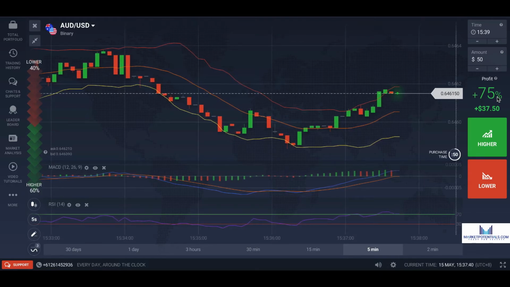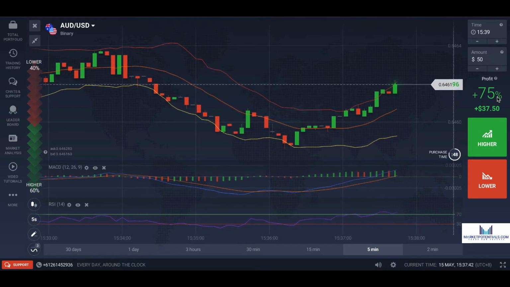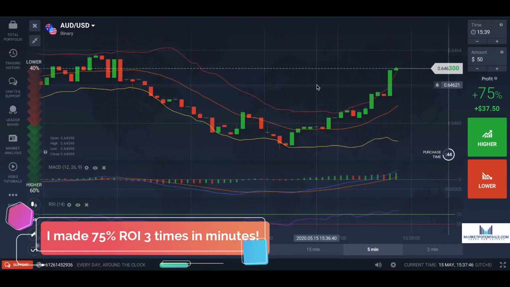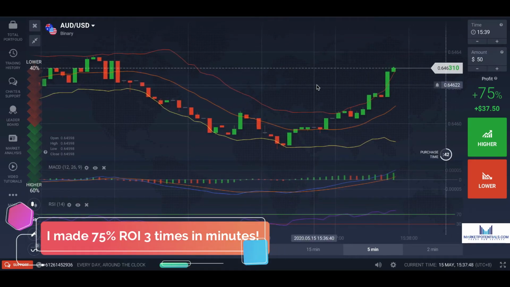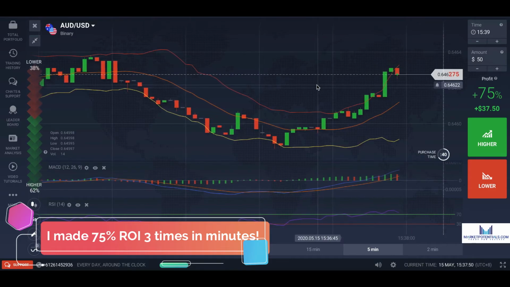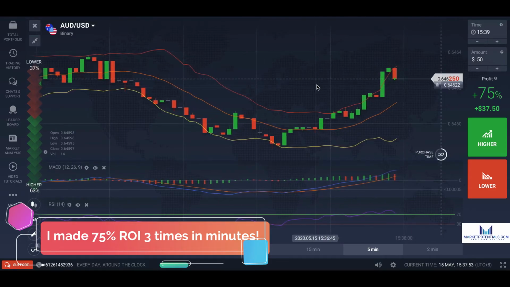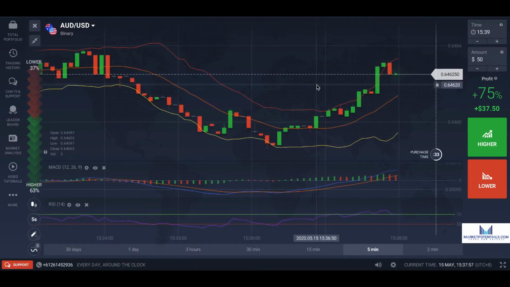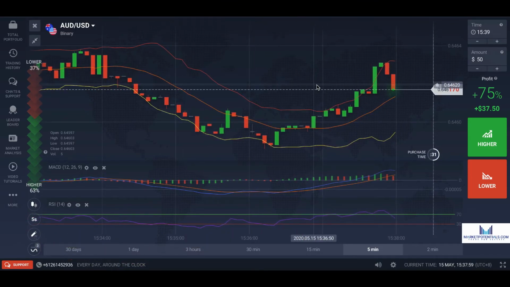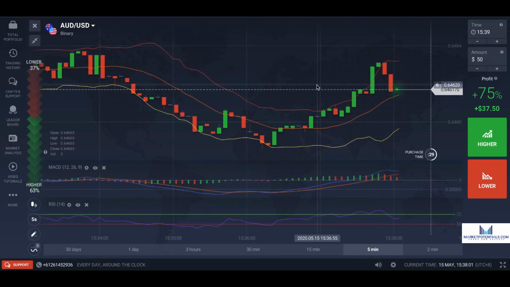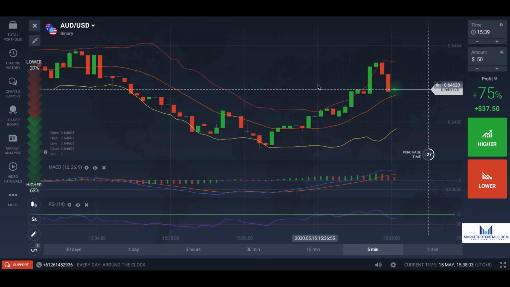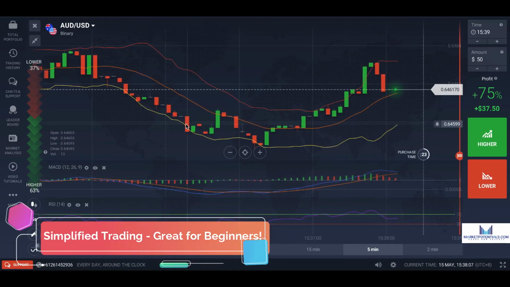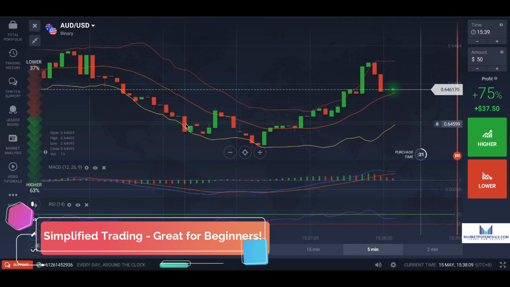And you literally just saw how I made 75% return on that $50 three times in a row in the past couple of minutes. Now tell me, think about it, where else in the world can you make that kind of returns? Does that make sense to you? I hope it does, because let me tell you, I've looked far and wide, and I can't find anyone else who's going to pay me 75% of whatever money I put in there. So that's one of the reasons why I love binary options trading.